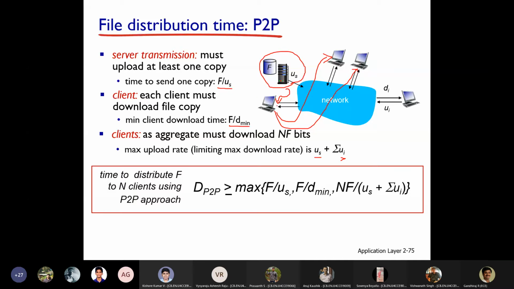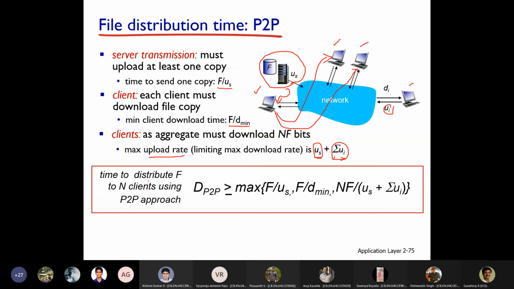The copy of the same information is going to be retained in this system, this system, this system after some time. So the overall upload rate is US from the server's side, plus the summation of all ui, the individual upload rate for each system.